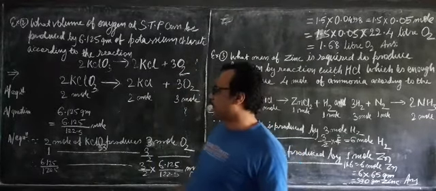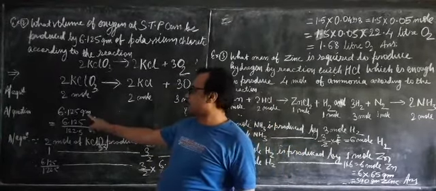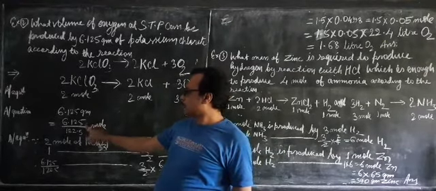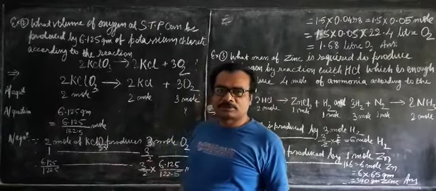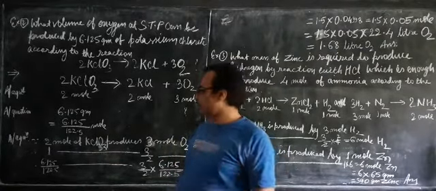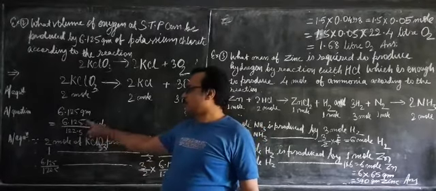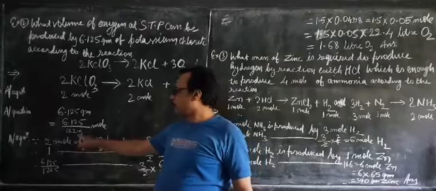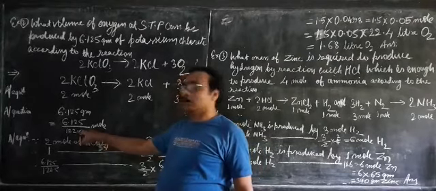That is why we convert this mass of potassium chlorate into the number of moles. How to calculate the number of moles? Actual mass divided by molar mass. So 6.125 gram is the actual mass of potassium chlorate and 122.5 is its molar mass.